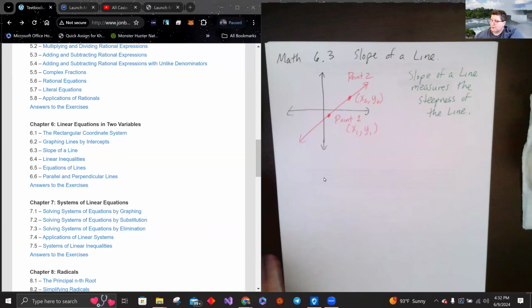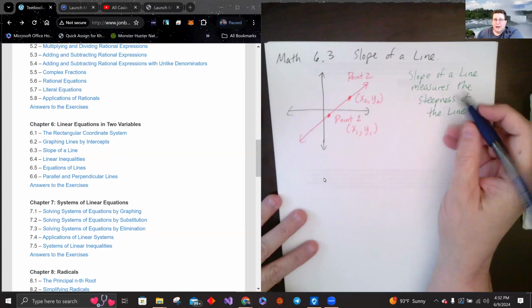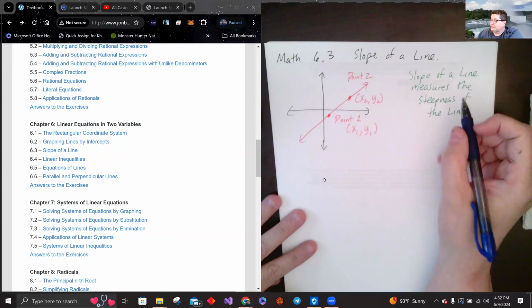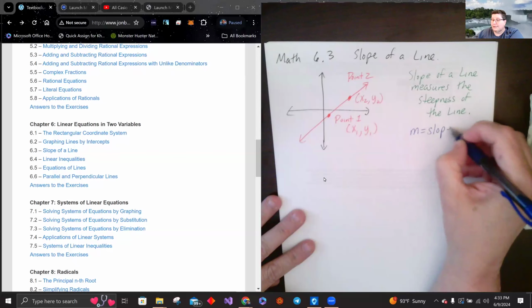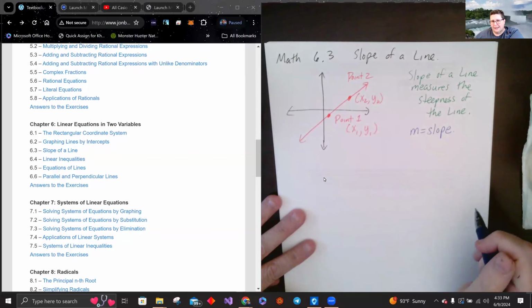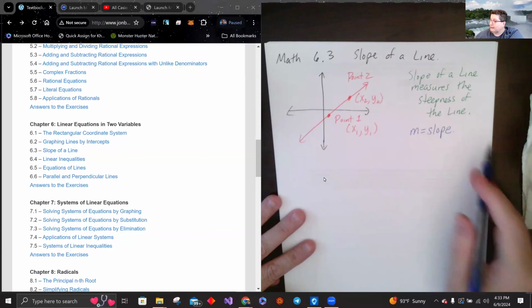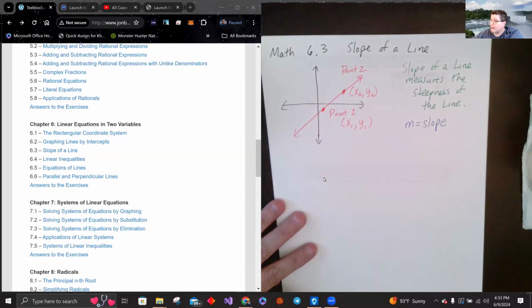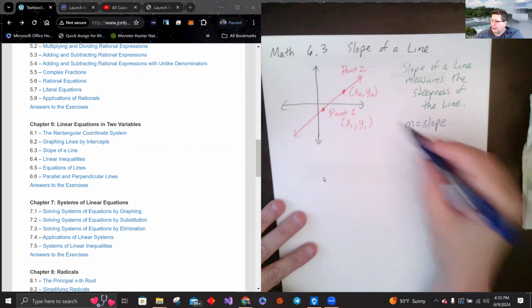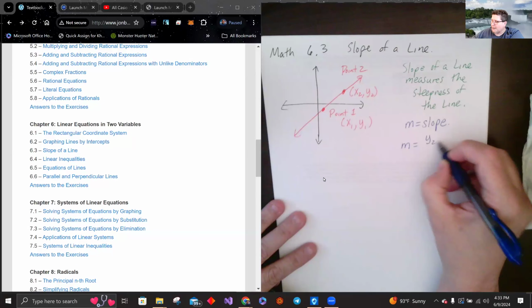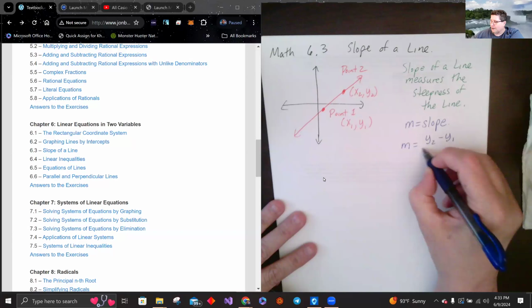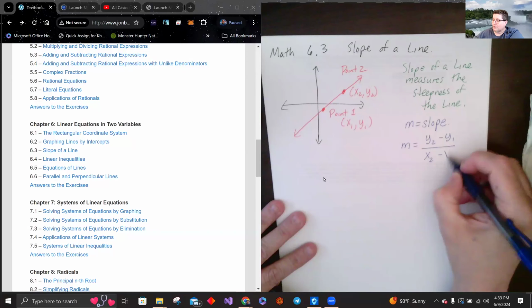It actually has a very specific value, and it's the same no matter which 2 points you pick on a line. The slope of a line, we designate the letter M. I don't know why. I know we use S for arc length and trigonometry and stuff like that, but M is slope. And if I have 2 points, the equation to find the slope is y2 minus y1, and then we're going to divide by x2 minus x1.